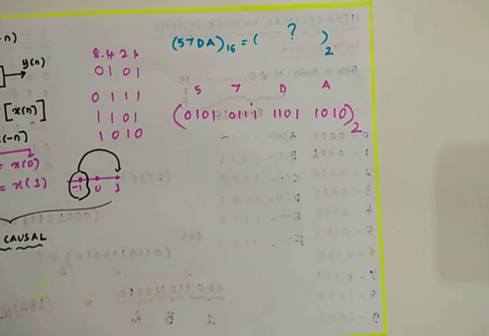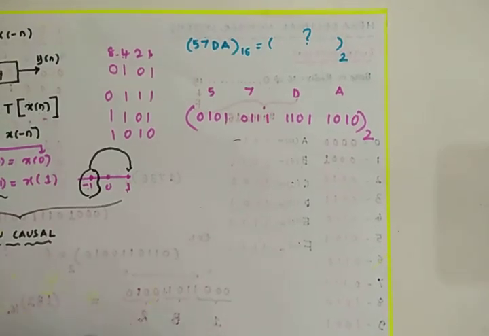If you know a number in one particular number system, how to convert it into the remaining three number systems, I will explain in the coming class. So the coming class is very important: number based conversions. Thank you, students.